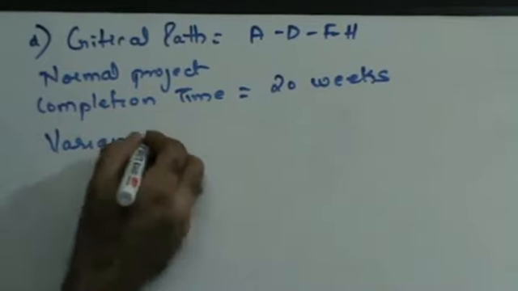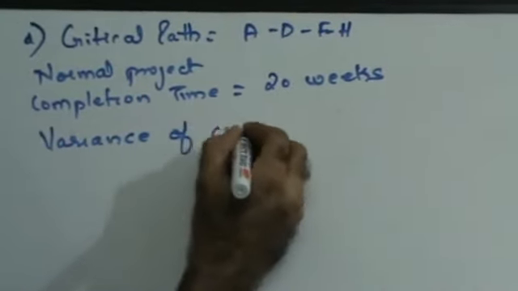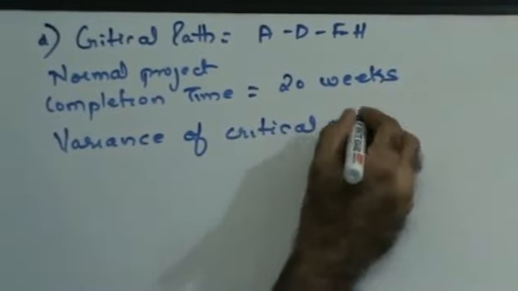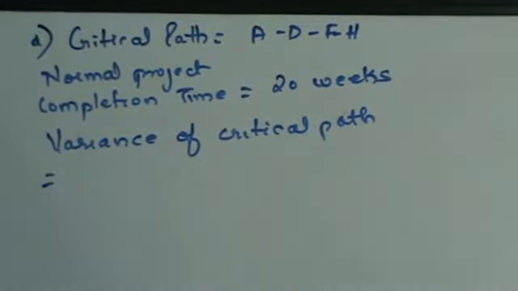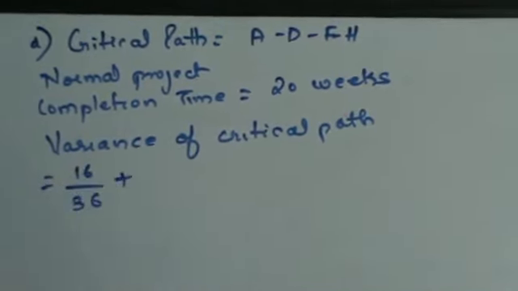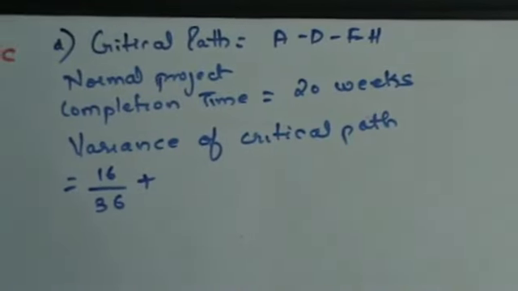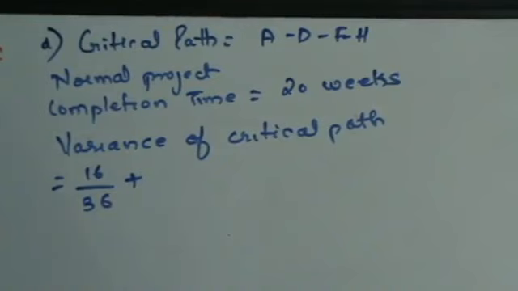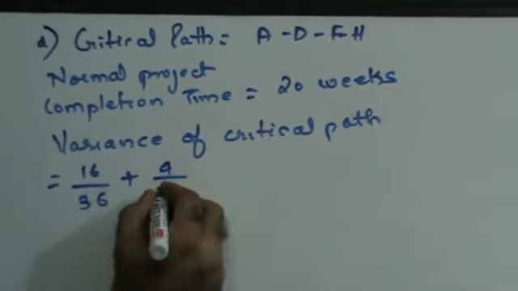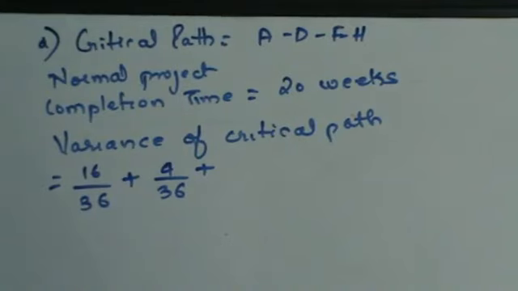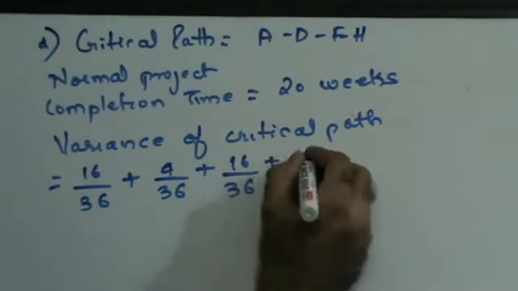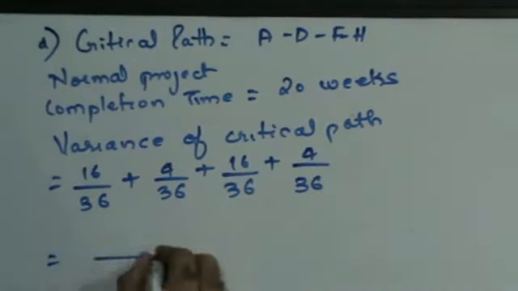Variance. Now when I say variance, I have to consider the variance of the critical path. If I consider the variance of the critical path, ADFH: 1 to 2, variance is 16 by 36. 2 to 4, variance is 4 by 36. Then 4 to 6, variance is 16 by 36. And finally 6 to 7, variance is 4 by 36. 36 is the common denominator.